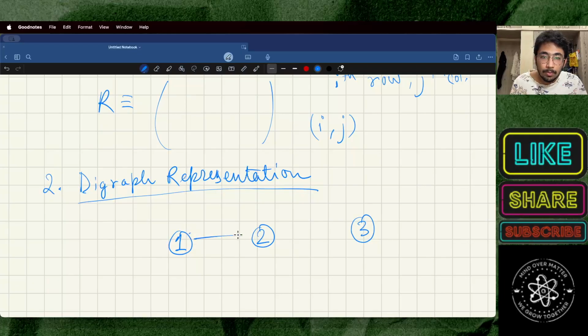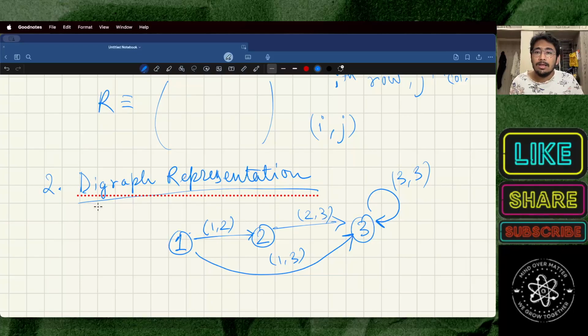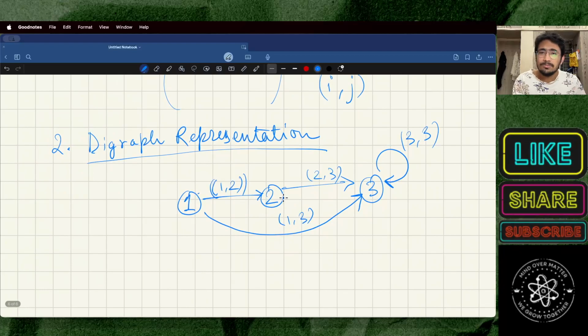We write an arrow like this, and 2 is related to 3, so that will be this. And suppose 1 is related to 3, this will be like this. This is (1,2), this is (2,3), this is (1,3), and suppose 3 is related to itself also, so this will be my (3,3). So this is a digraph representation, where we denote the elements of the relation set with little arrows.